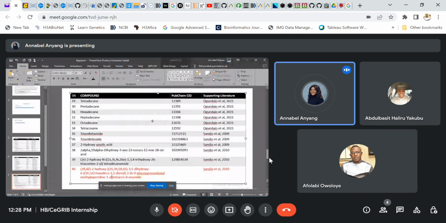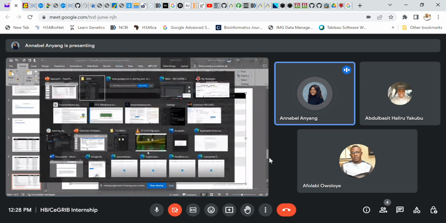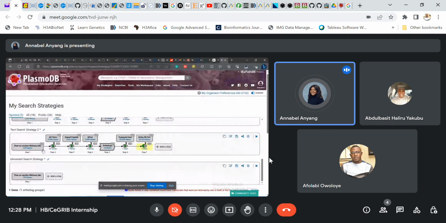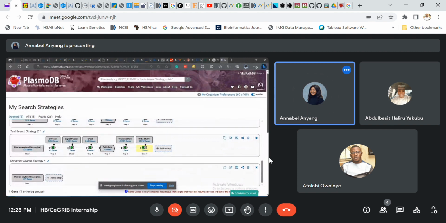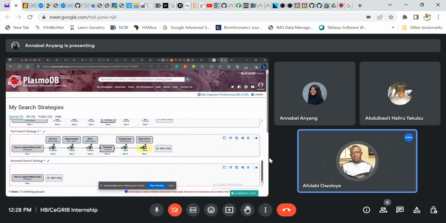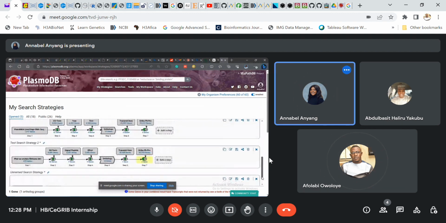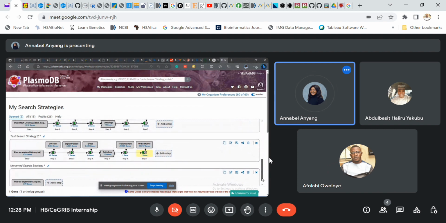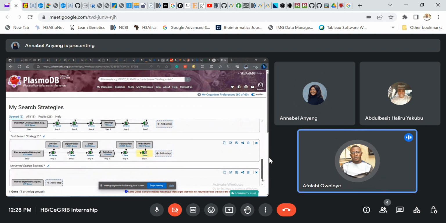This is it now. So for the search strategy, this is the search strategy. It was actually the second one that I tested that brought me here. Let us review your strategy from the very beginning.